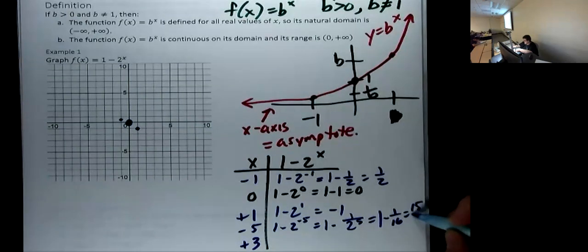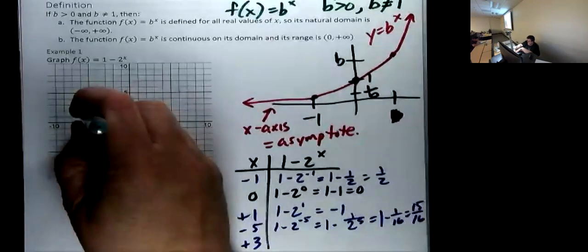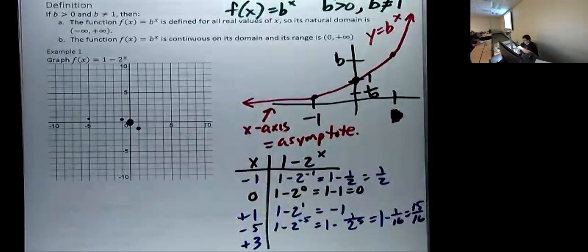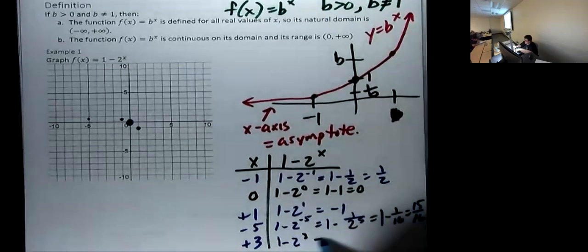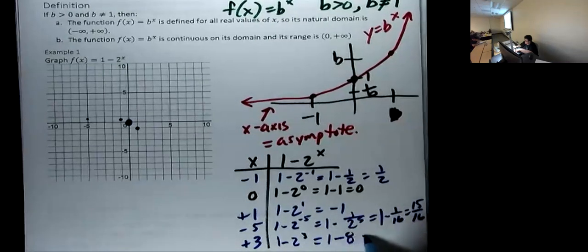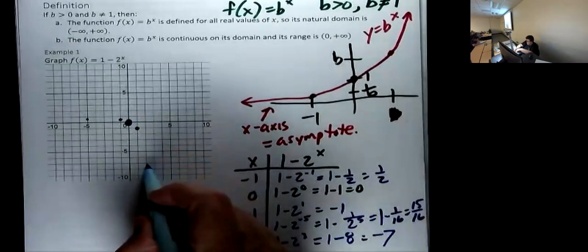So 15/16. This is almost 1. If I stick in 3, though, I've got 1 minus 2 to the 3rd power, which is 1 minus 8, which is -7. So when I get over to 3, we are way down here.